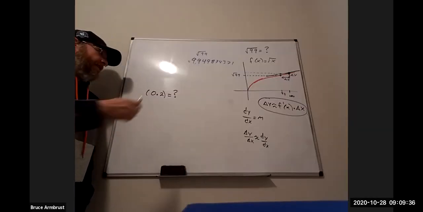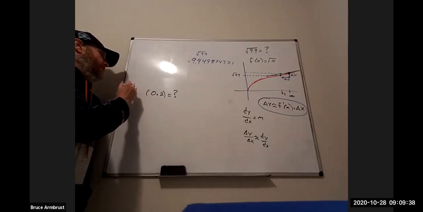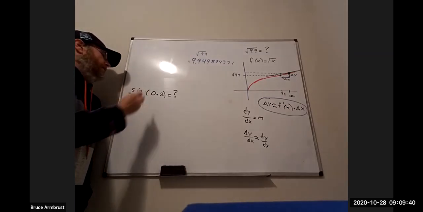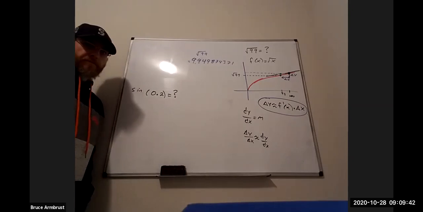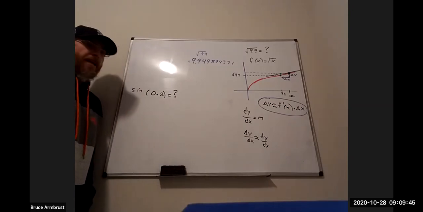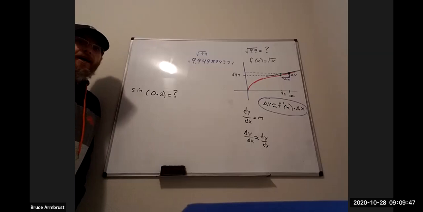Let's not do cosine. Let's do sine. Sine's a little more interesting. Okay, so we want to know the sine of 0.2.